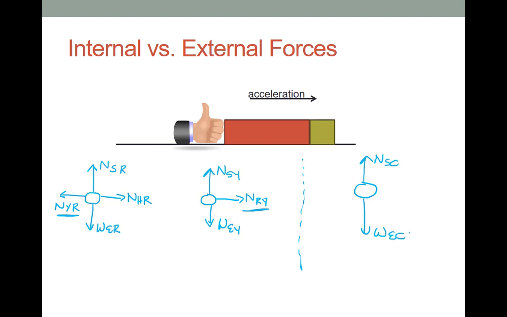We have the combined object's weight. If we come over here, this would be the mass of the red one times g. This would be the mass of the yellow one times g. This would be the combined mass times the acceleration due to gravity. And we have the hand pushing on the combined blocks.